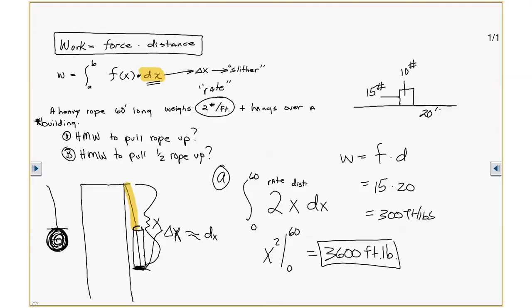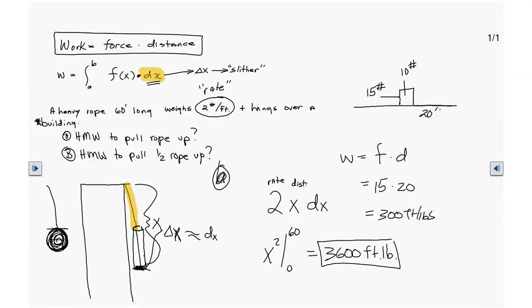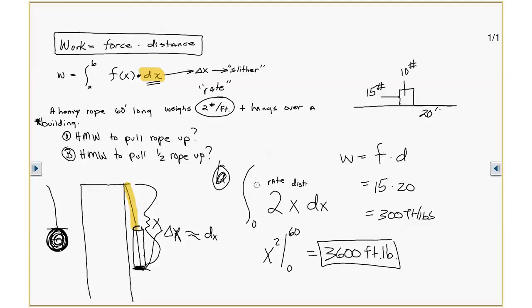Okay? Now you're going to set it up. The top of the rope is going to be right here, 0 to 30. So B is going to be from 0 to 30 because that's how much of the rope I'm pulling up.